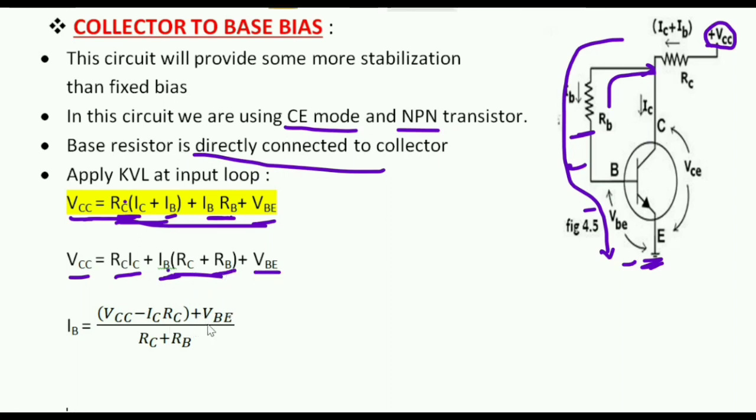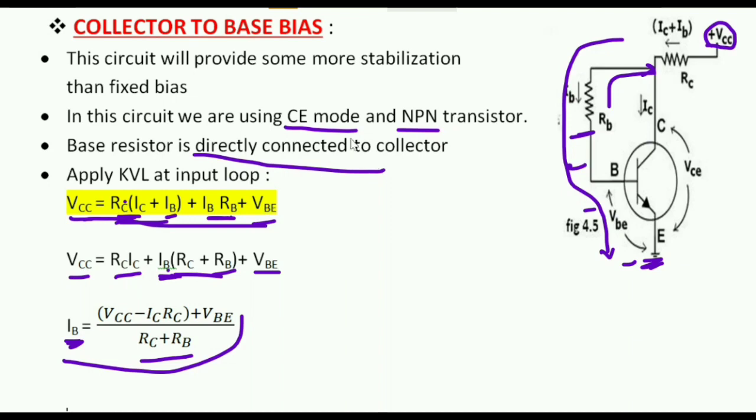From this equation we can calculate IB, that is IB is equal to VCC minus ICRC minus VBE, divided by RC plus RB. This is the final equation, and keep this equation aside. This is the equation for the input current of a transistor.